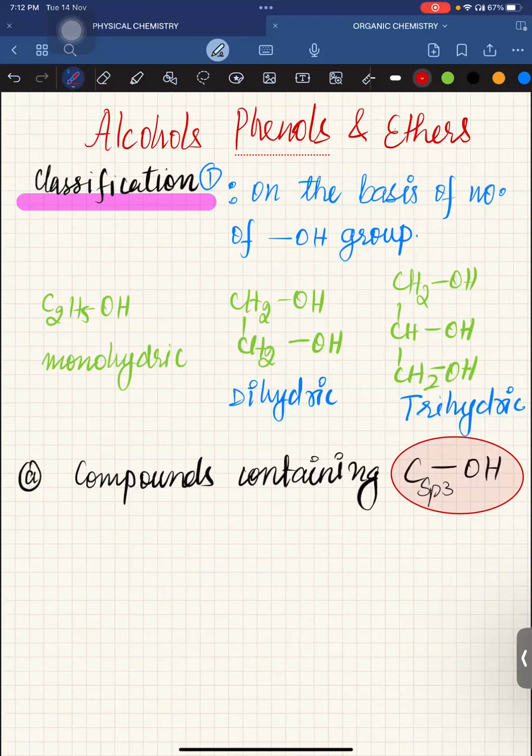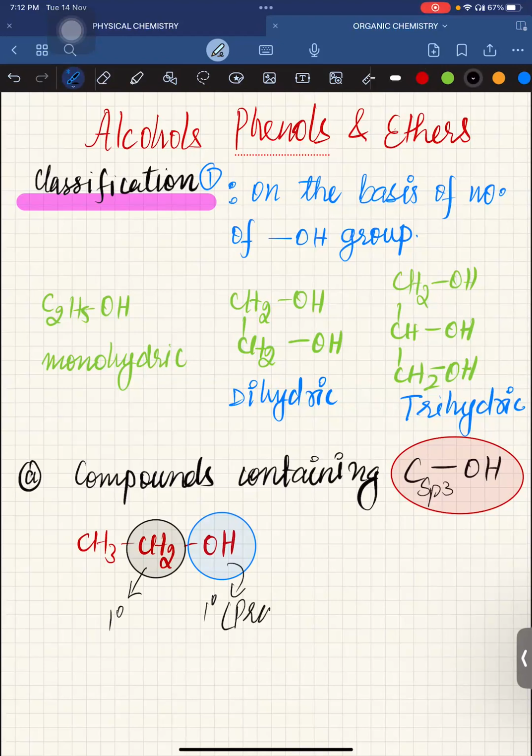How did we calculate the degree of haloalkane? We calculated the degree of the carbon to which X is connected. In the same way, take CH3CH2OH. To find the degree of this alcohol, first calculate the degree of this carbon. It is 1 degree, so this is a 1 degree or primary alcohol.